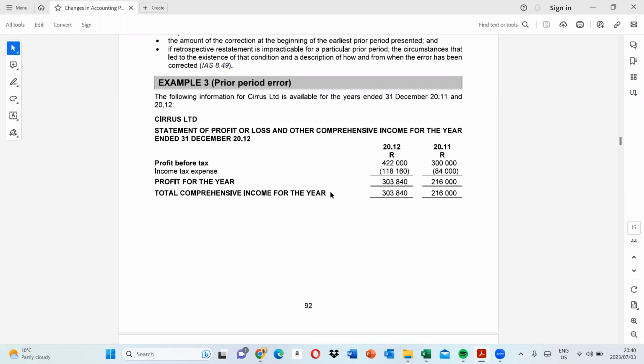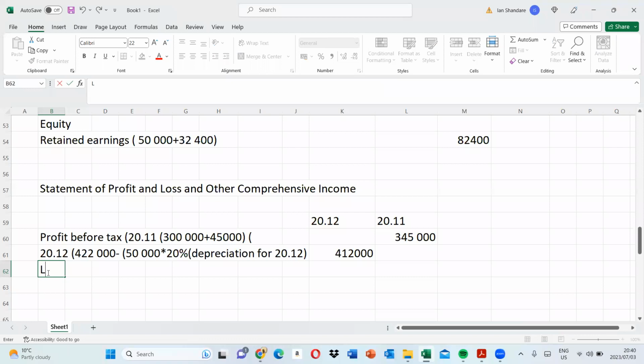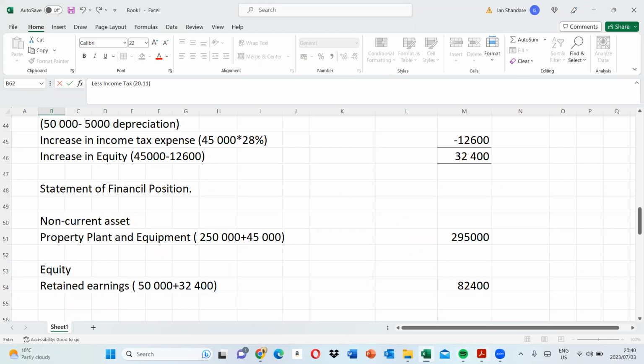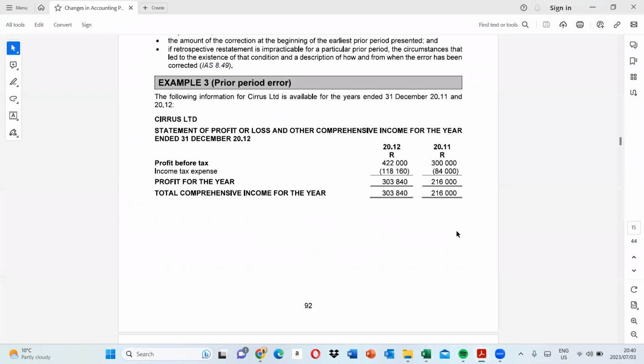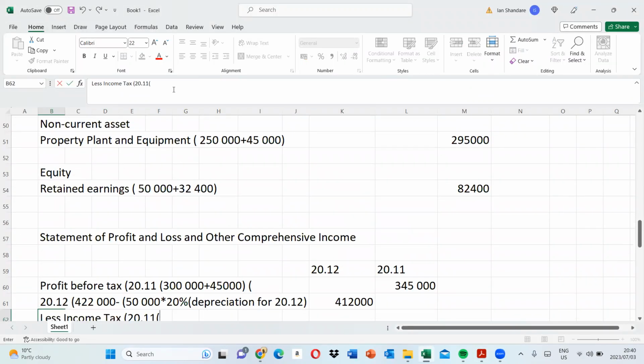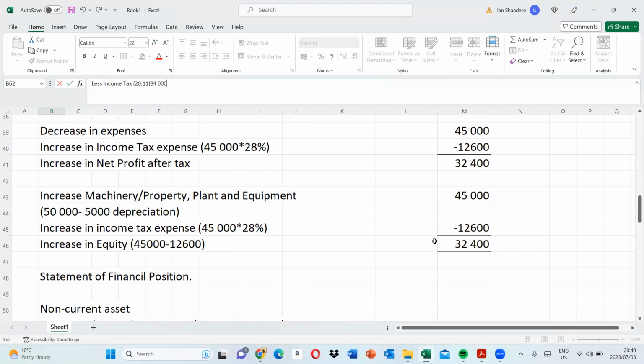Which would mean now we have to go back to our income tax. So, less income tax. Income tax for 2011, what's going to happen? In 2011, the income tax they gave us was 84,000. So what do we do with this 84,000?